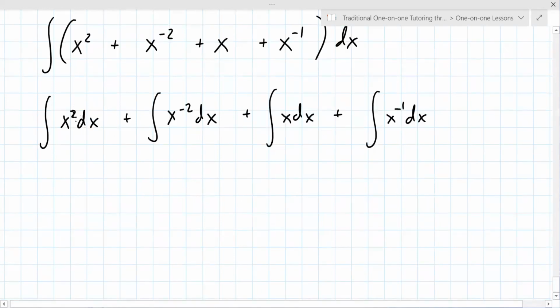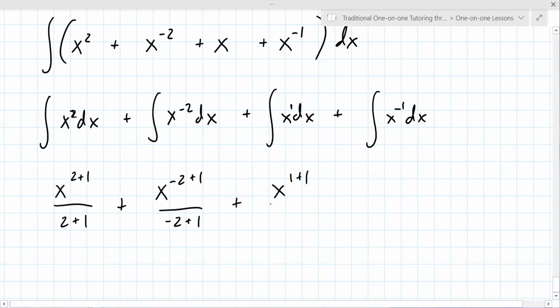So this one, use the power rule, 2 plus 1 over 2 plus 1. Second one, use the power rule, x to the minus 2 plus 1 over minus 2 plus 1. This one, you also use the power rule, 1 plus 1 over 1 plus 1. But this one, because it's minus 1 power, it's the natural log of the absolute value of x. Okay.